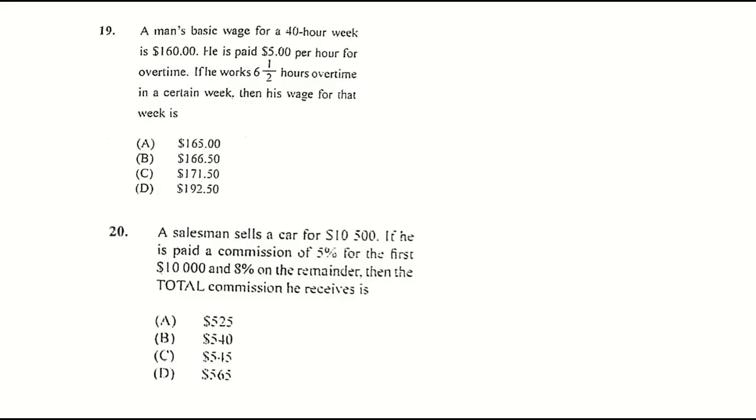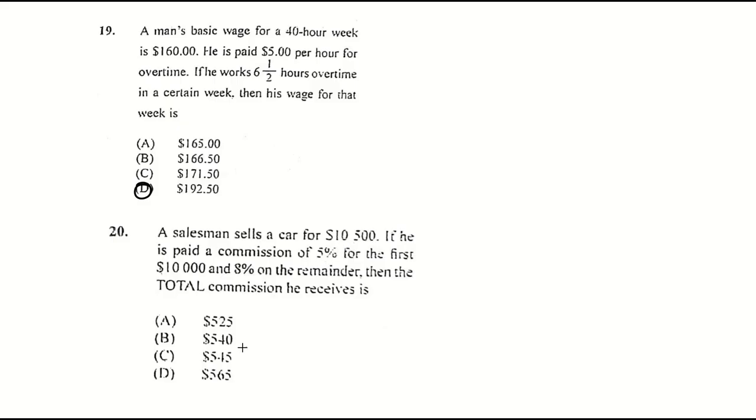This is a repeated question. His wage is going to be D. A salesman sells... This is a repeated question. First we had to find 5% of 1,000, and then 8% of 500.